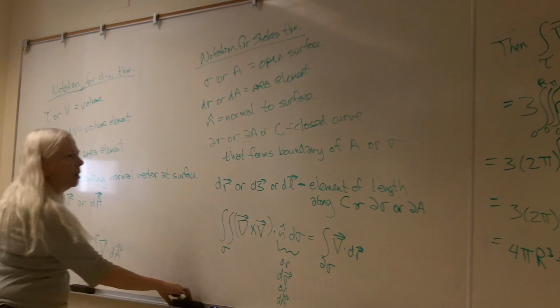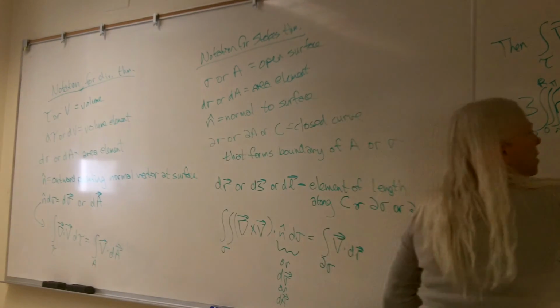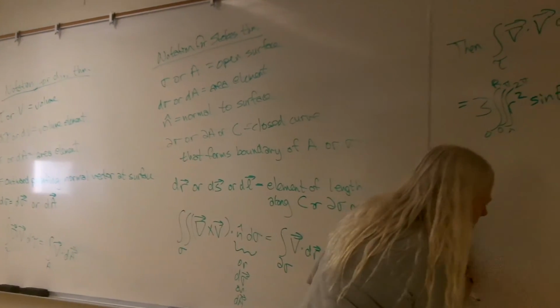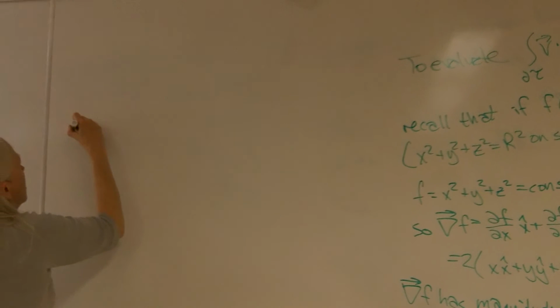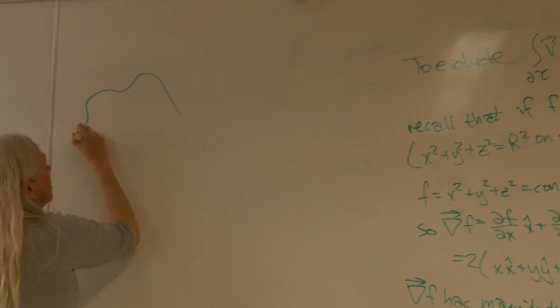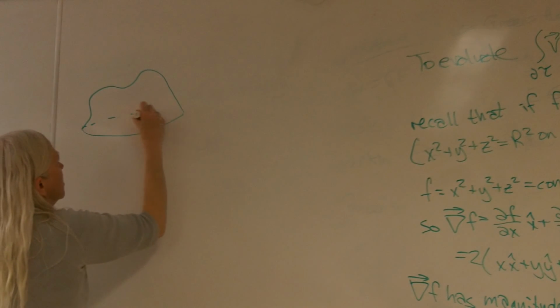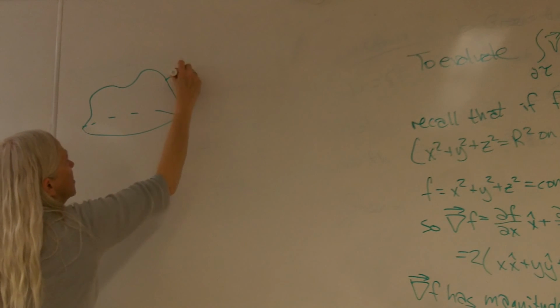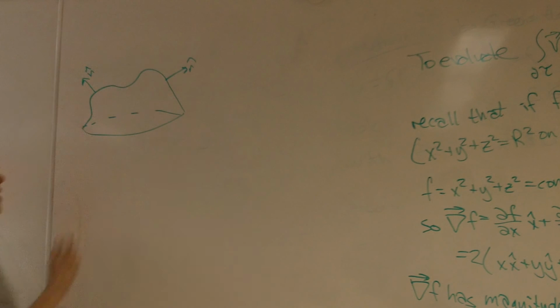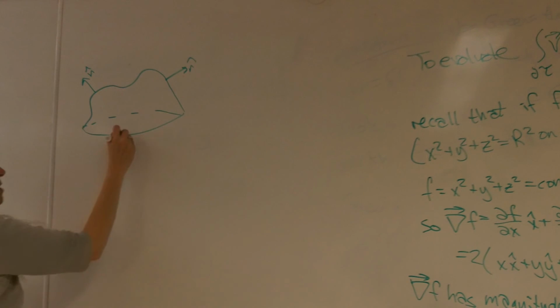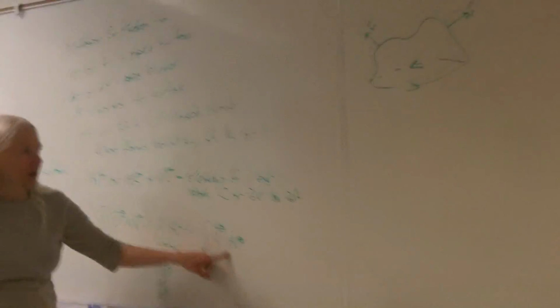Okay. And as I mentioned before, there's an ambiguity here. You could either take the n hats to be outward, quote unquote, like that, in which case the line integral around the boundary that we do on the right-hand side goes in that direction.